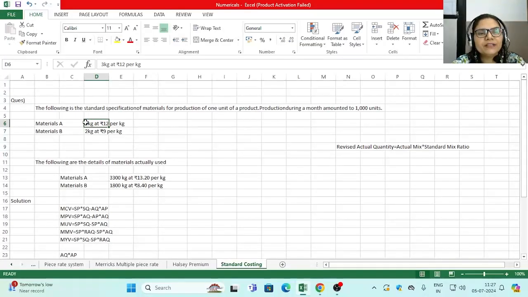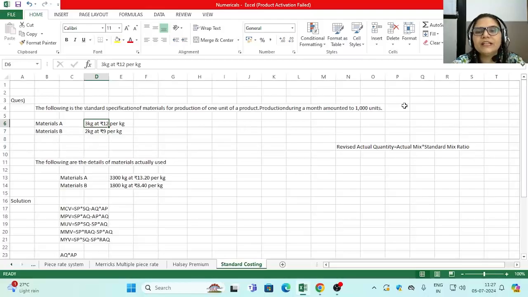3 kg is the quantity used at rupees 12 per kg. That is, 3 kg is the quantity used in 1 unit. Now we have produced 1000 units. So how much quantity will be for 1000 units?